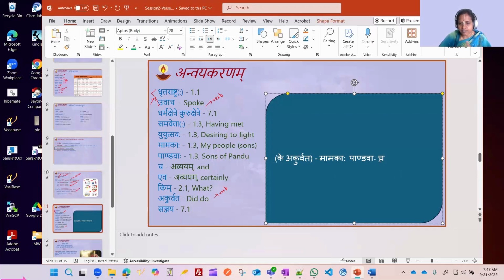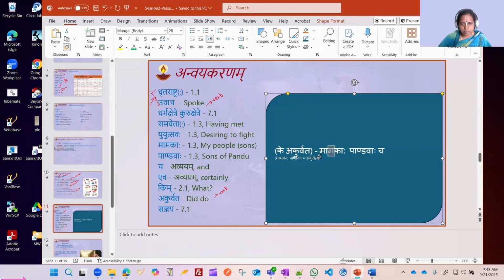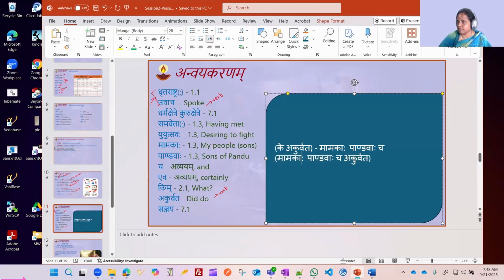So with this, we actually have a basic sentence now. We put it in the prose order as we already discussed. The basic sentence will become Mamakaha Pandavascha Akurvata. Got it? So we put the karta, then we put the action. We don't know the karma yet.